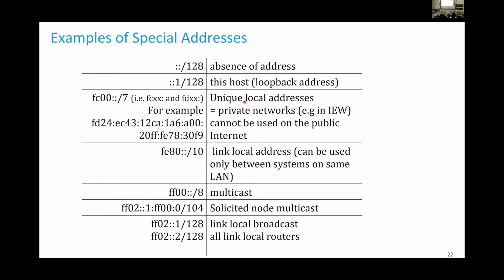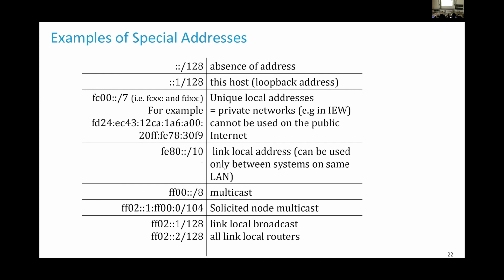Then you have, as I mentioned, FC and FD, which means private addresses that cannot be used on the public internet. And then the link local addresses, which are an exception in IPv4 that are used when nothing works, but that are systematically used in IPv6. Link local means that's an address that I accept to see as a source address only from another device that's on the same local area network as me.